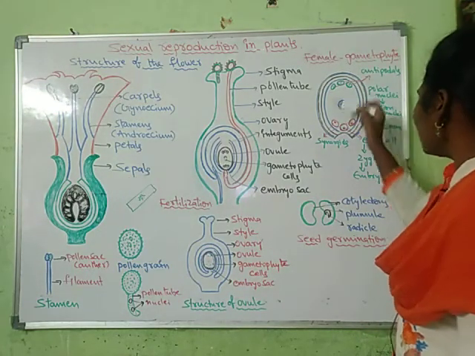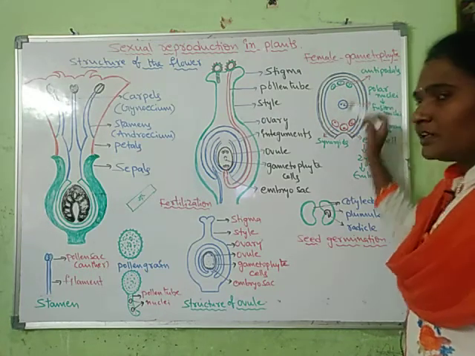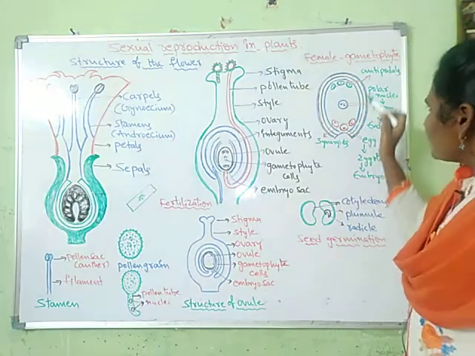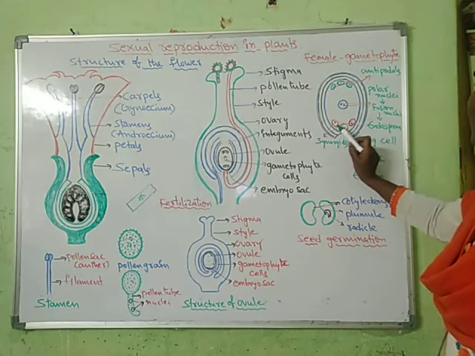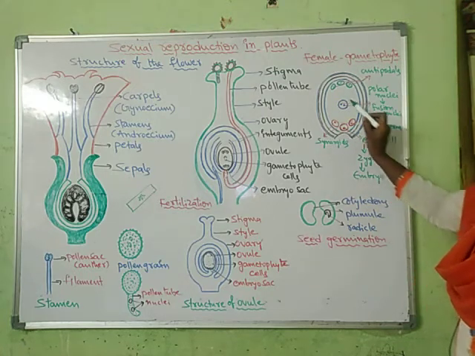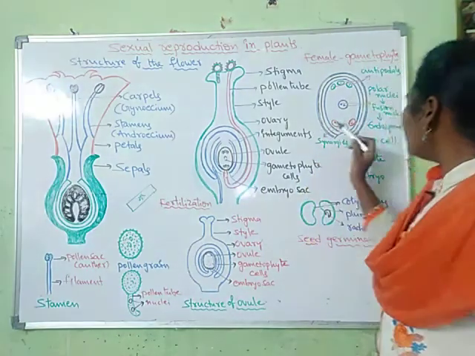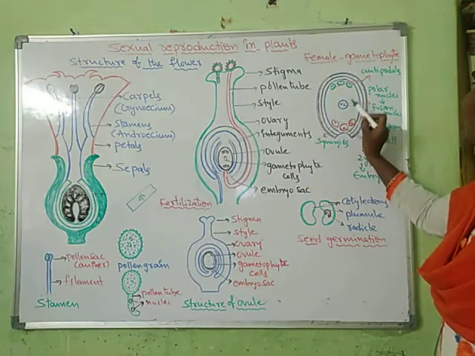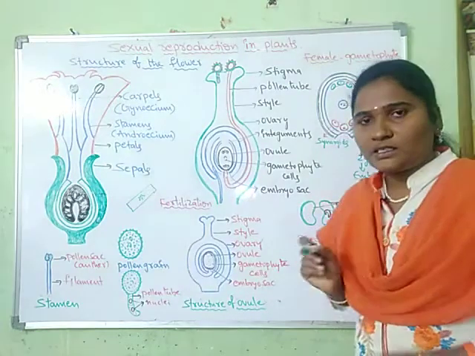The 7 cells are 3 antipodal cells, 2 synergids, 1 egg cell and 1 large central cell. And this central cell contains 2 nuclei. So, 7 cells and 8 nuclei.